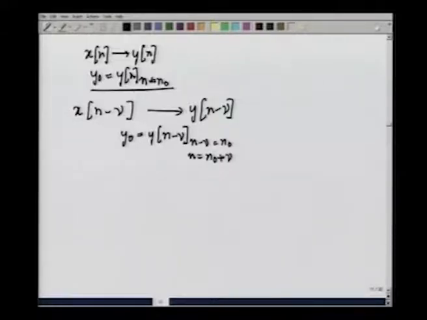If we ensure this, then the output will indeed be this quantity.